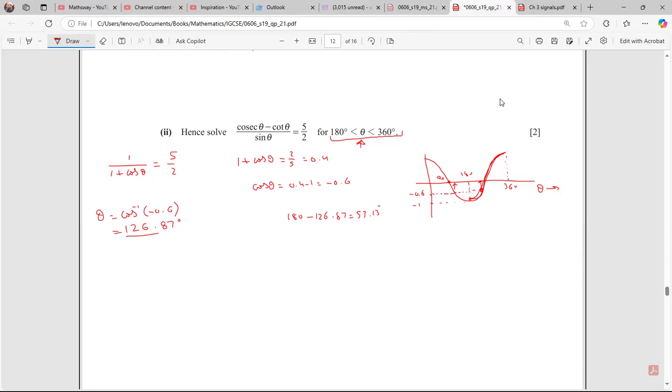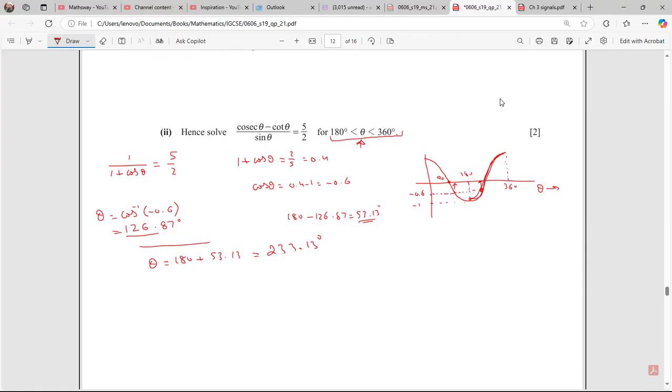Okay, so you can see that my answer is 180 plus this much amount. So I hope it is clear that the angle I'm looking for is 180 plus 53.13, and that would be 233.13 degrees.